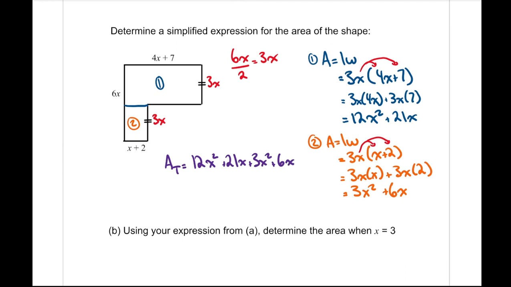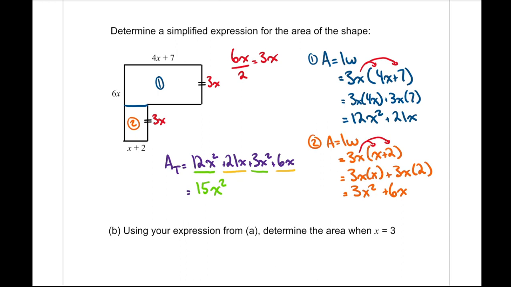So again, adding up all those terms, we can simplify this because we can find like terms. So we have our x squareds, and we have our terms with just the x's. When I simplify this, 12x squared plus 3x squared is 15x squared. When we're collecting like terms, remember, do not touch the variables. Leave them.